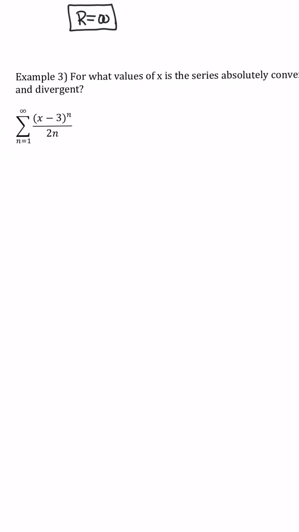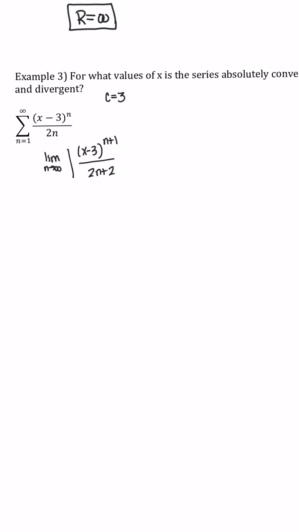So here I finally have one that is not centered at 0. You can see just on sight that the center of this power series is 3. So let's go ahead and start with my ratio test. So I have the limit as n approaches infinity of x minus 3 to the n plus 1 all over 2 times n plus 1, which is 2n plus 2, times 2n over x minus 3 to the n.